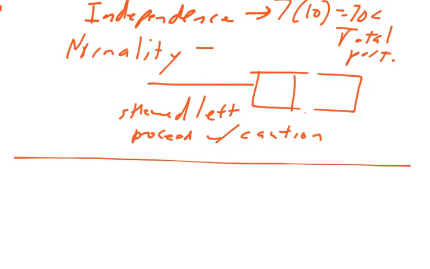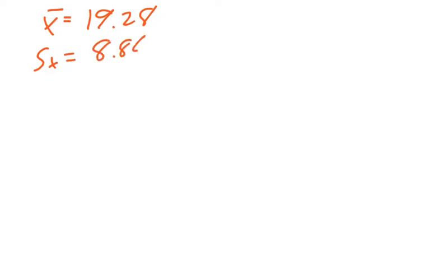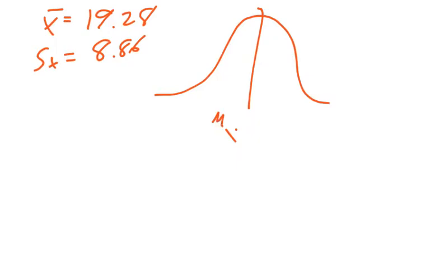Alright, so I'm going to go to the next page to do the math, and we got an x bar equaling 9.28 from our data, and the standard error was 8.86. So when I grab this, here is mu of x bar equals 10.